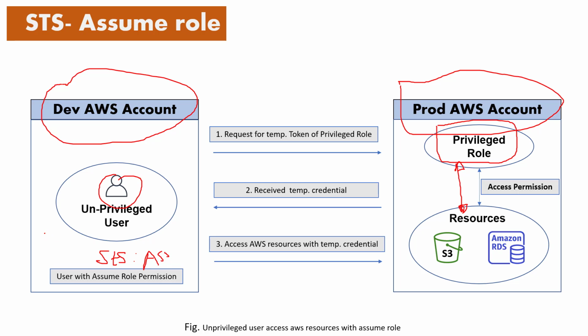So the first prerequisite is that this user should have this STS assume role permission. The second prerequisite is that in this role, the trusted entity, the ARN of this user, you can see the developer account user, should be listed in the trusted entity.